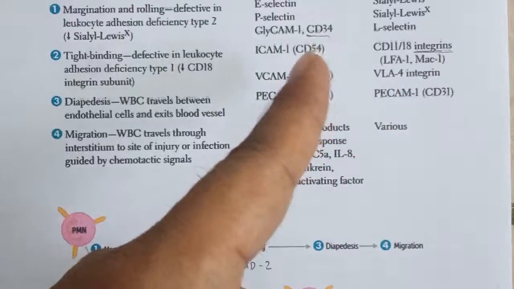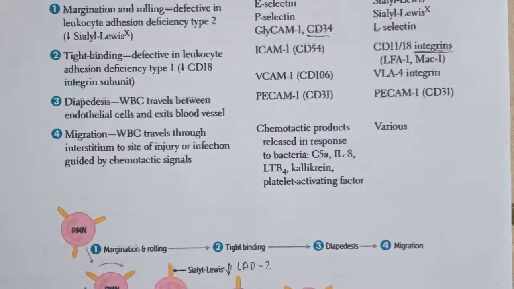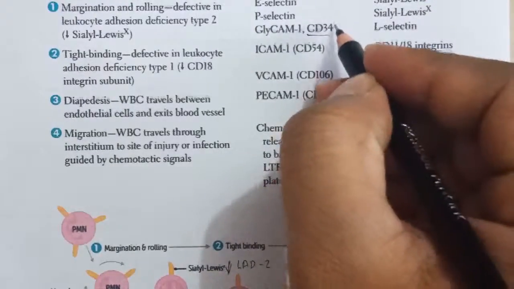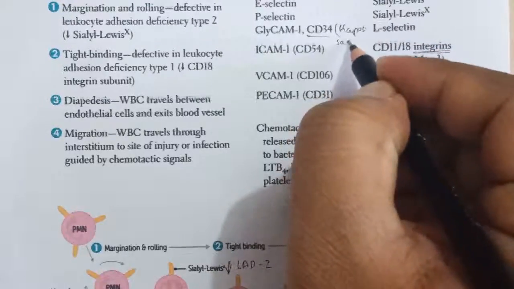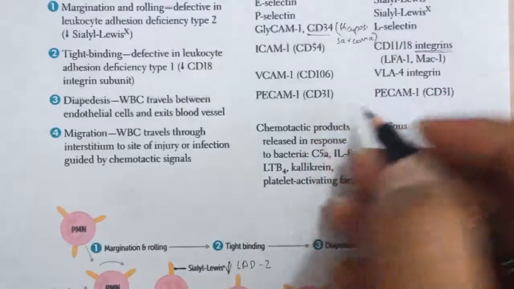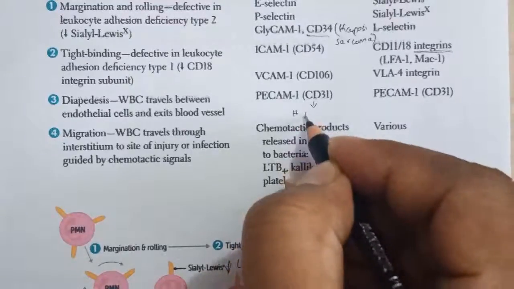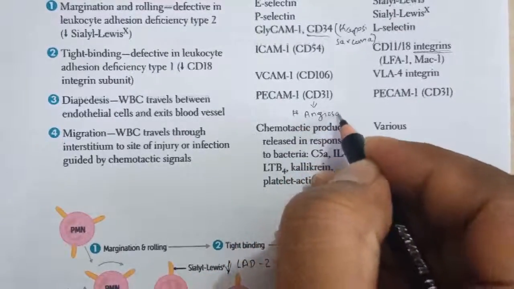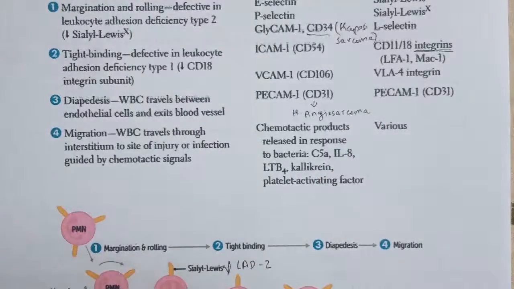You have to remember one thing about CD34: it is a marker for Kaposi sarcoma. Remember this. We can keep a note here. It's associated with Kaposi sarcoma. And CD31 is associated with hepatic angiosarcoma. I hope you can see what I'm writing here. It's so small, pretty minute, but I'm trying.